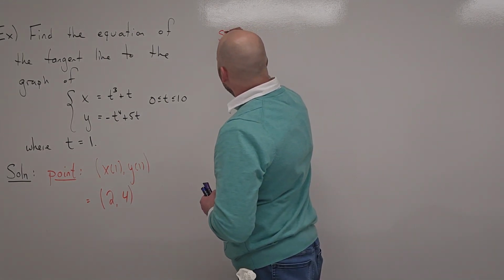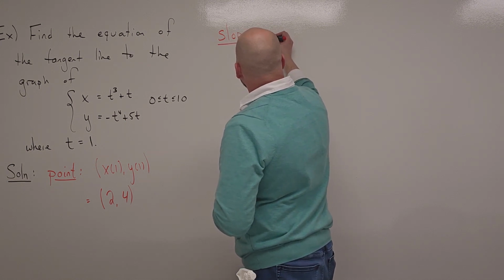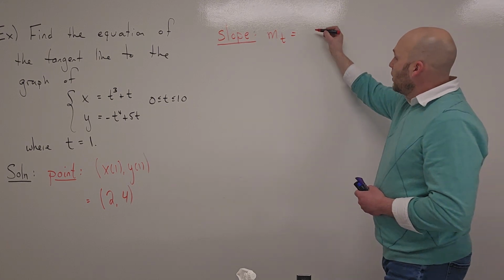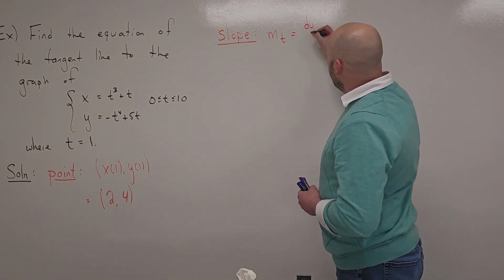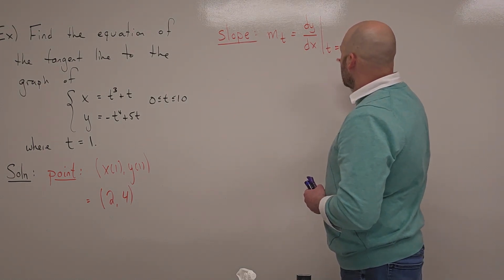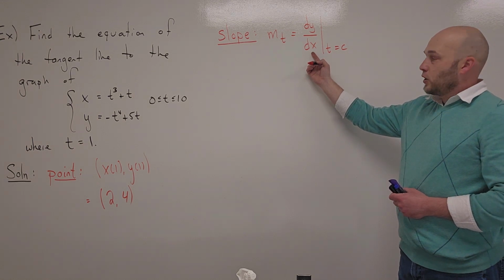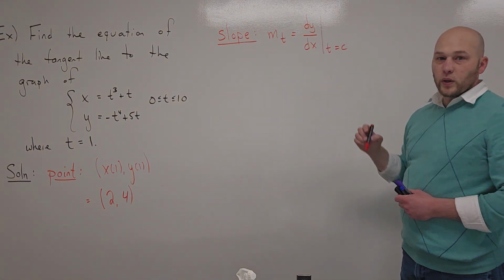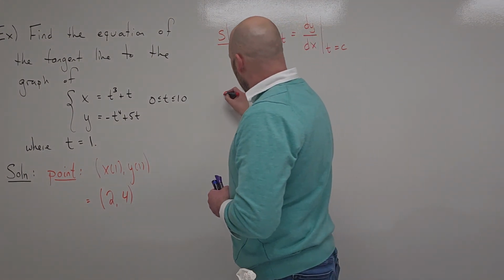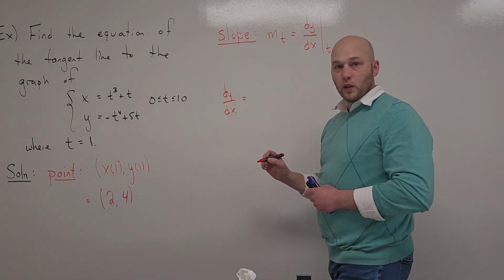For the slope, the slope of the tangent line would be the derivative evaluated at t is equal to c. So the slope of the tangent line is the derivative of the parametric curve evaluated when t is c. So we have to find the derivative first. All right. The derivative of the parametric curve, again, let's write out the formula for it.